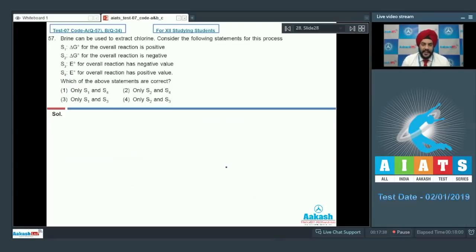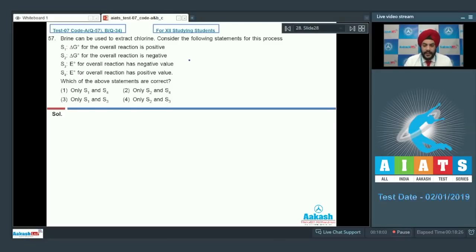Question number 57. Brine can be used to extract chlorine. Consider the following statements for this process. The examiner seems to be interested in knowing about the delta G0 and the E0 values for this reaction. Students, we know that the extraction of chlorine from brine includes electrolysis. And in electrolysis, we use an external source to make the non-spontaneous reaction spontaneous.